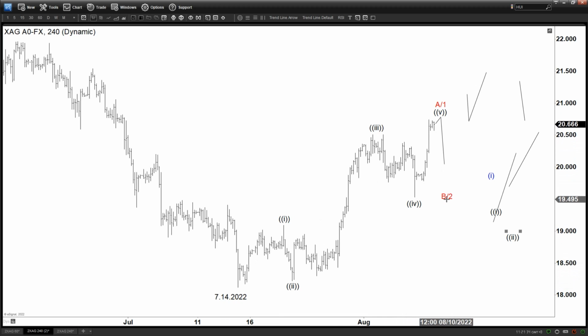It can go to 50%, 61.8% even, but minimum 38.2% usually. And sometimes it also ends around wave 4 of one lesser degree. So this pullback, for example, could be doing 3 waves like this, and then it touches this, finishing this, and then goes up again. Okay, so that's the idea and the path for the silver, and I'll see you all again next time. Have a nice day, everyone.